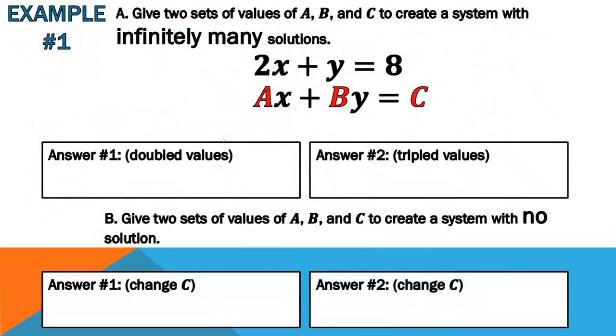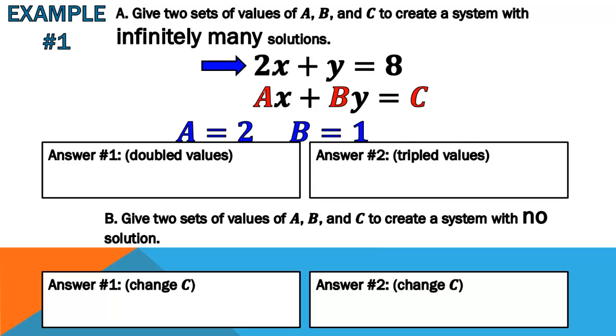Alright, so let's take a look at this. In example 1, we have to give two sets of values for A, B, and C to create a system with infinitely many solutions. And for the second one, we have to give two sets of values for A, B, and C to create a system with no solution. So let's start off with this one. We're going to double the values. So we've got a value of 2, 1, and 8.